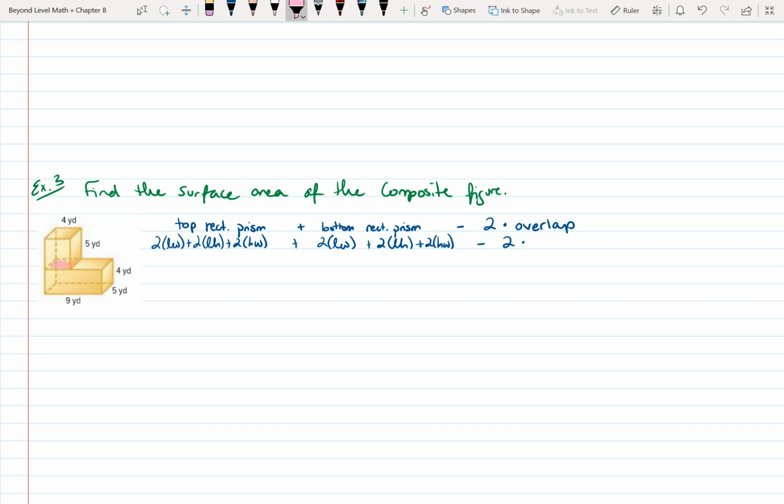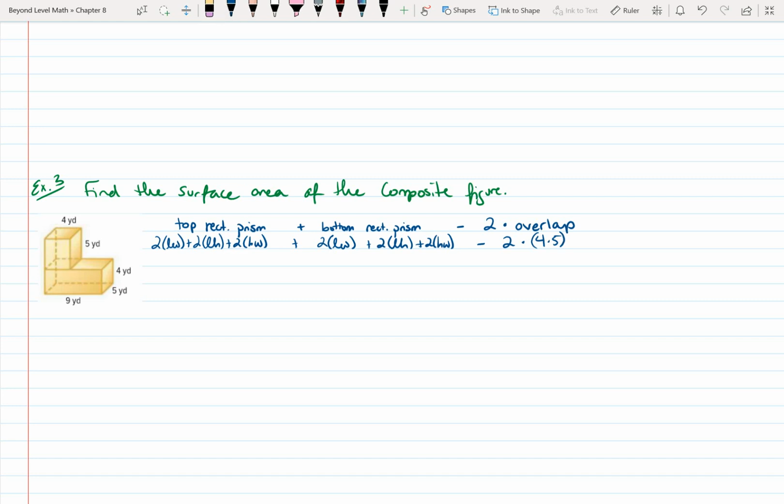So the overlap is 4 by 5, because this is 4, because it's the same as the top, and this is 5, because this is 5. So 2 times section 4 by 5, because it's the bottom of the top figure and the top portion of the bottom figure.